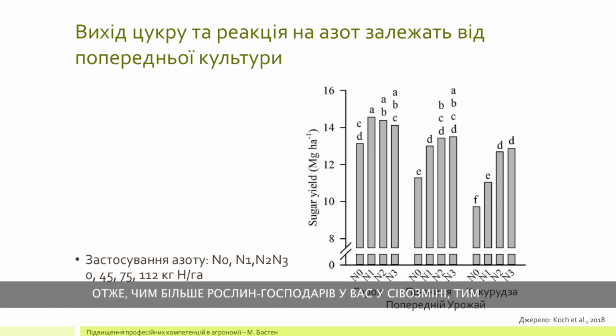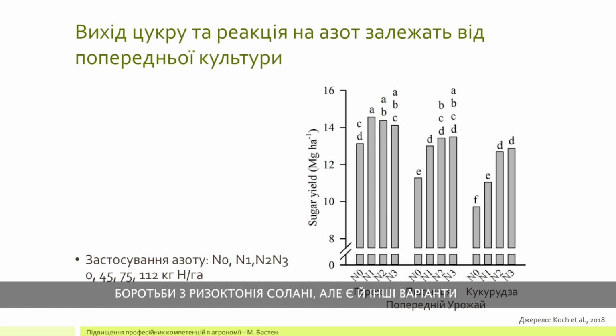So the more host plants you have in a rotation, the higher is the risk of infestation and spread of disease, root rot disease. So crop rotation and crops in rotation is one very significant measure to control somehow Rhizoctonia solani.